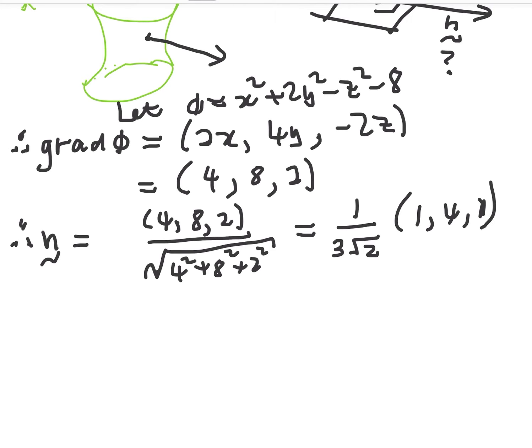And you can check that this is in fact a unit vector. It's a unit vector that is parallel to grad phi, and since grad phi is a normal, this vector n will be a normal too. So the two vectors grad phi and n are obviously parallel. The difference is n is of magnitude 1. So we have the unit normal at the point with coordinates 1, 2, minus 1.